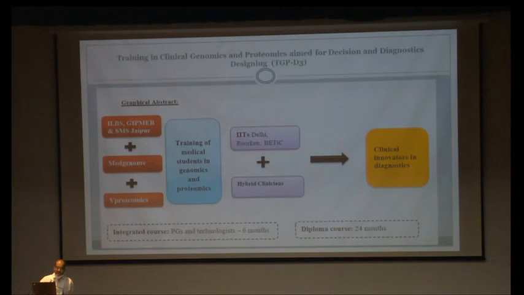In one step, we can provide basic and general training for 6 months, and then the diploma course for 24 months. Those hybrid clinicians who have been trained will collaborate with IIT Roorkee and BETIC, which was helped by Vijay sir and Sareen sir, and then we can generate some clinical innovators in the diagnostic tests.